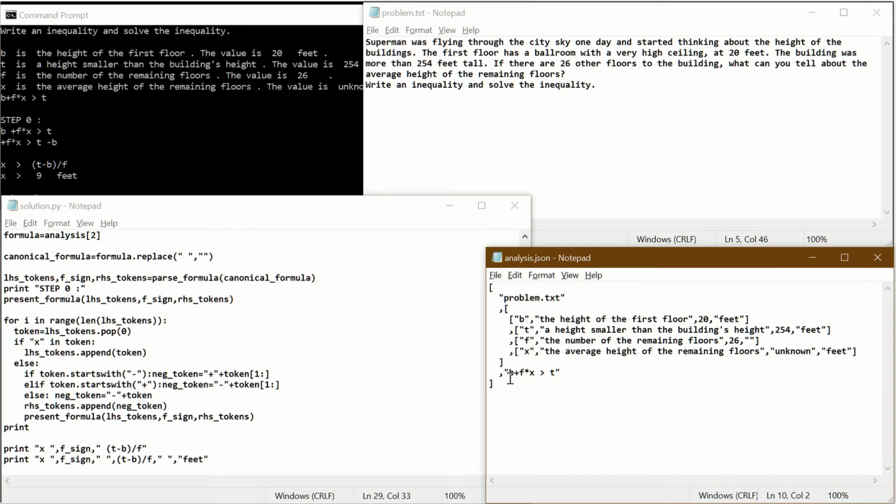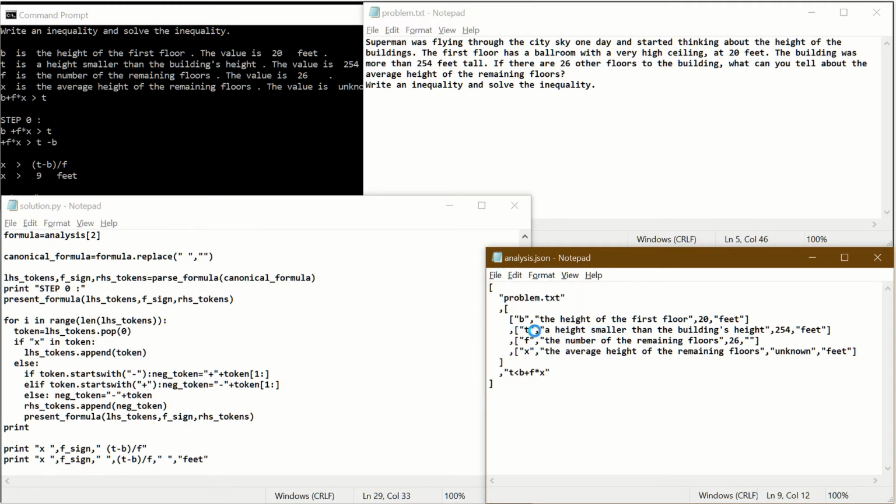So we have here an inequality written in larger than form. I will change it into a smaller than form, the same inequality. So instead of saying b plus f times x is larger than t, I will say t is smaller than b plus f times x. I will save this file.